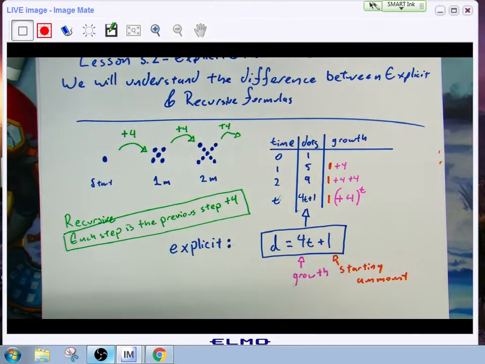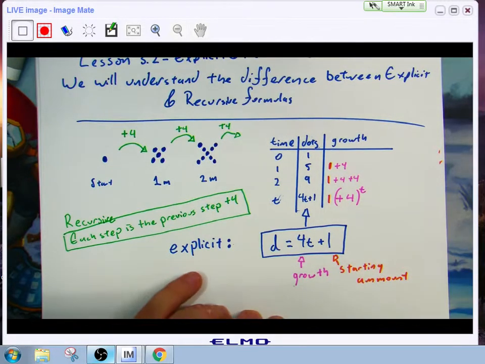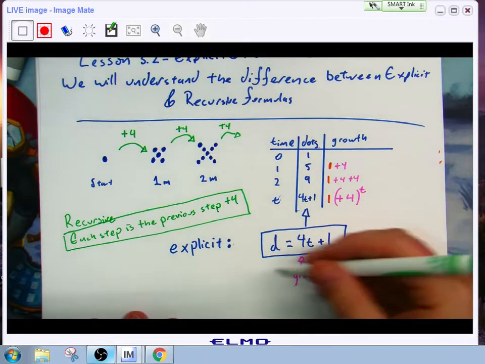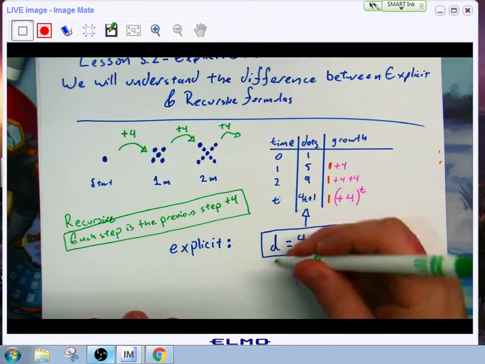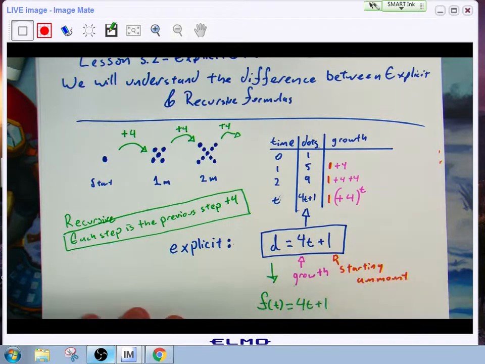Okay? Now, here's the cool thing. There is a way we can do this mathematically. There's a way we can talk about this in math. I'm going to keep using the green pen. You guys remember when we were talking about function notation, right? So what we would say here to rewrite this as a function would be f of t equals 4t plus 1.